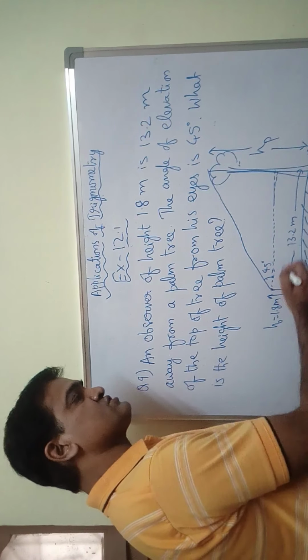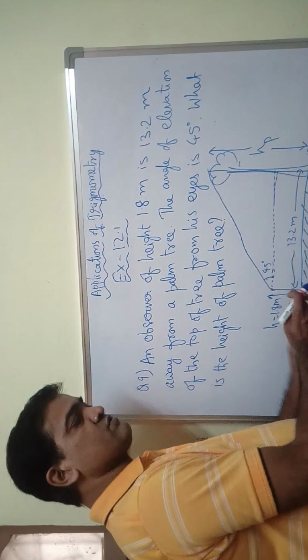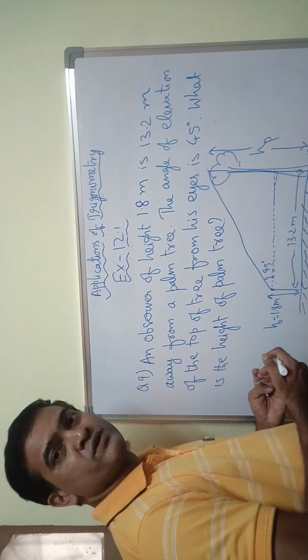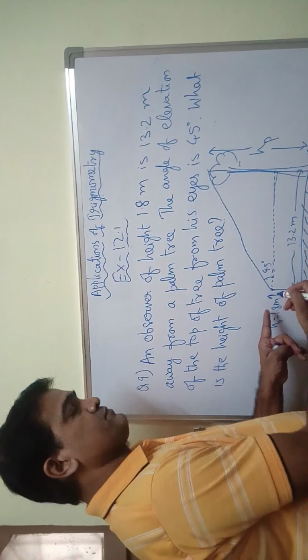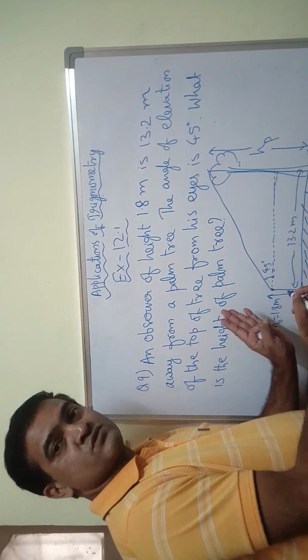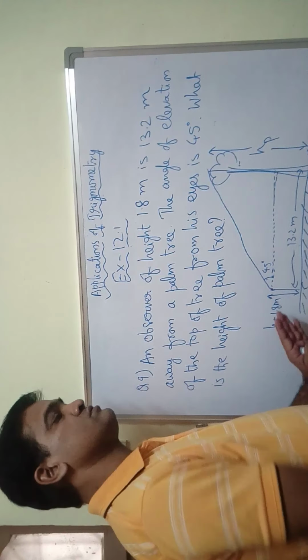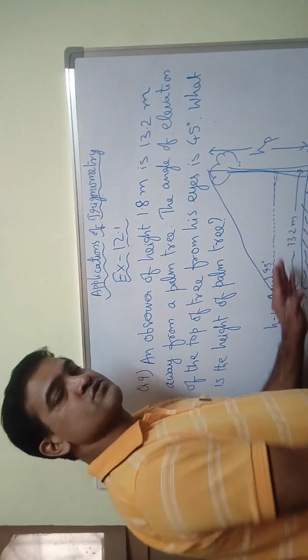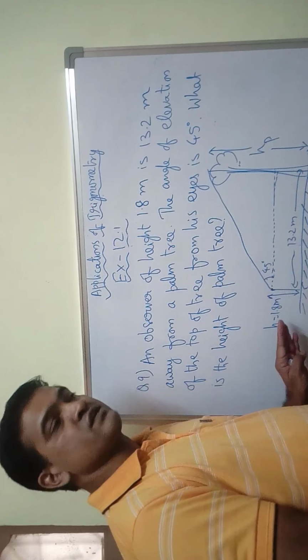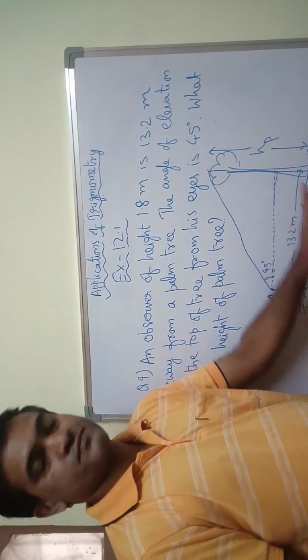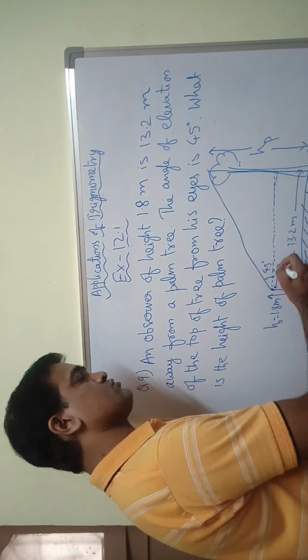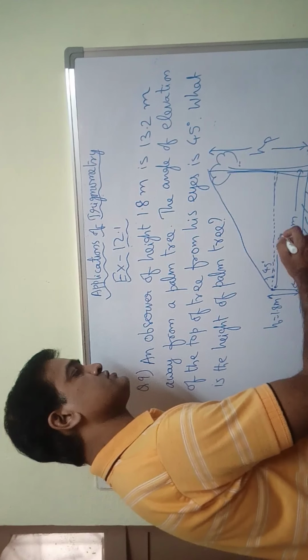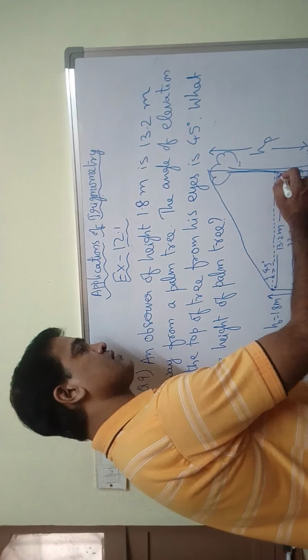So what is this distance, when the observer is standing 13.2 meters away from the palm tree? As he is vertical to the ground or base, this dotted line is also at a distance of 13.2 meters from the palm tree. So this distance is also 13.2 meters away from the palm tree.